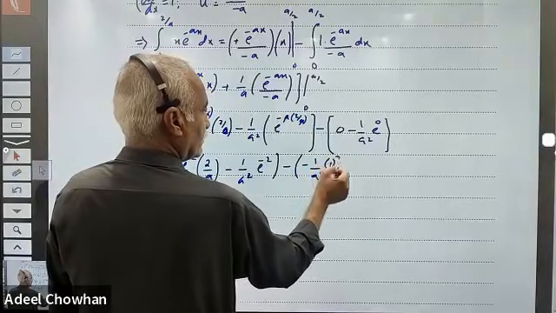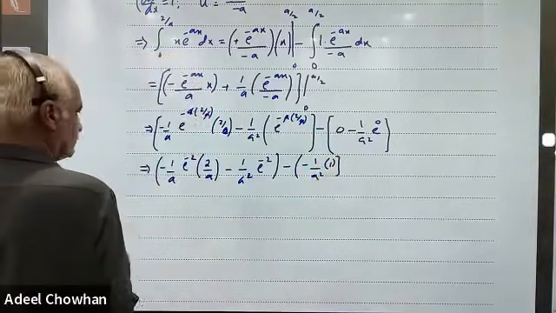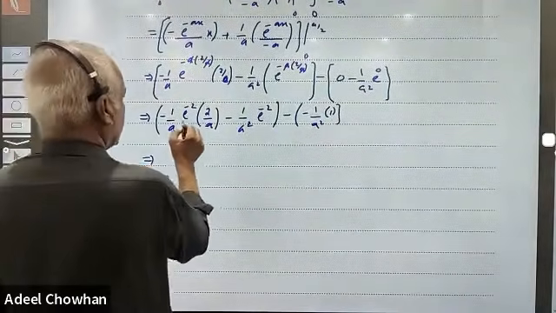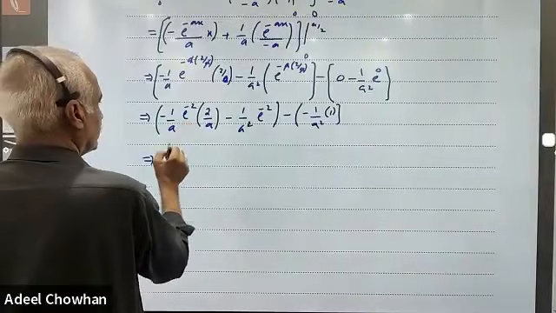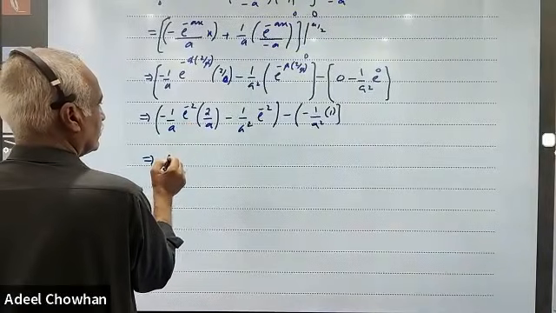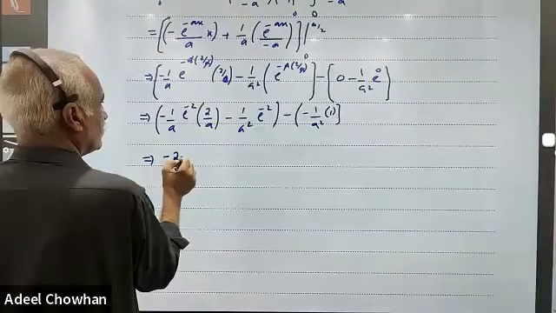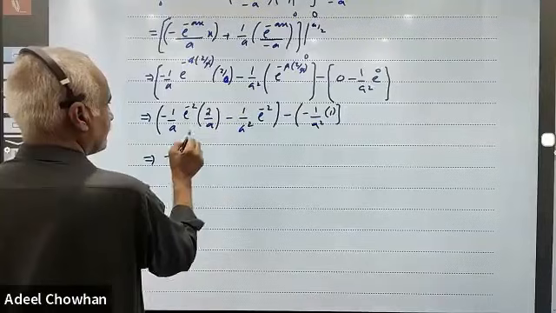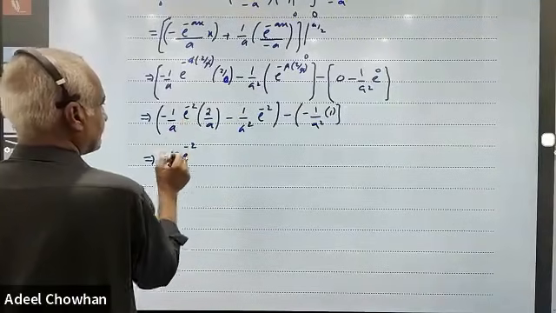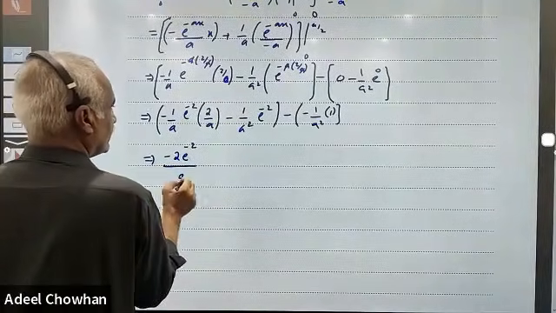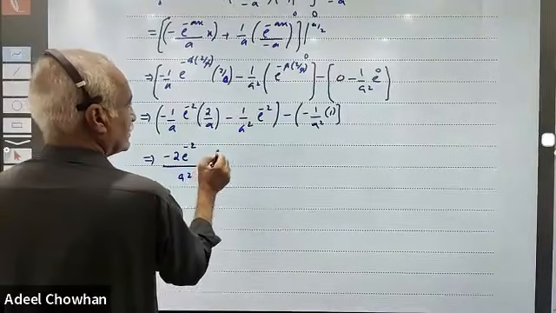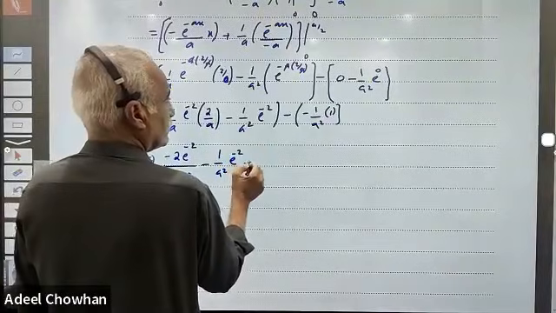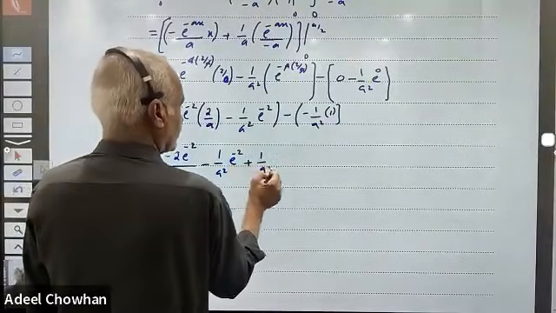E power 0 is 1. It should be equal to minus 2 e power minus 2 over a square minus 1 over a square into e power minus 2 plus 1 over a square.